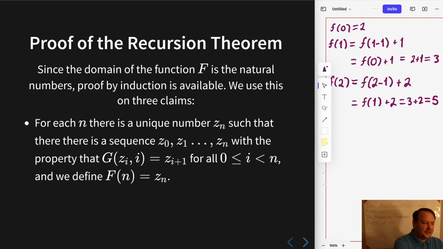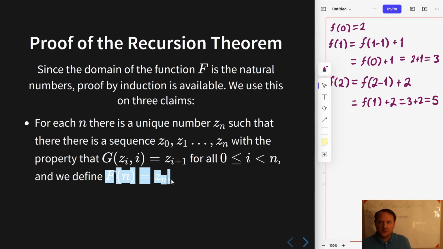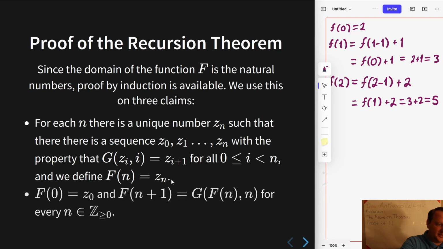And we use this to define what f of n is for each n. So that's the first part, right? This is effectively just telling us that for each n, the number z n is uniquely determined, meaning that by defining f in terms of those numbers, we are getting a well-defined function.